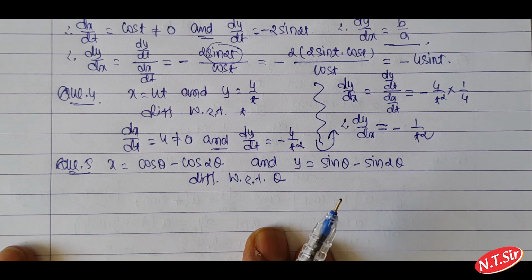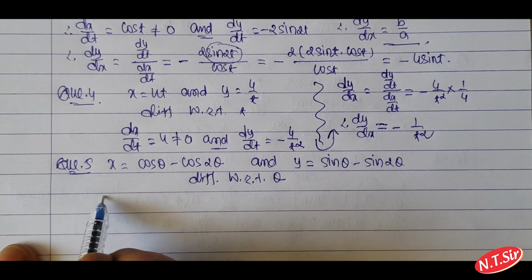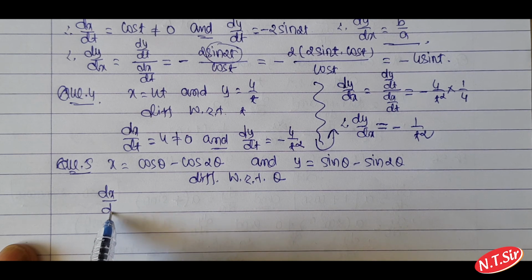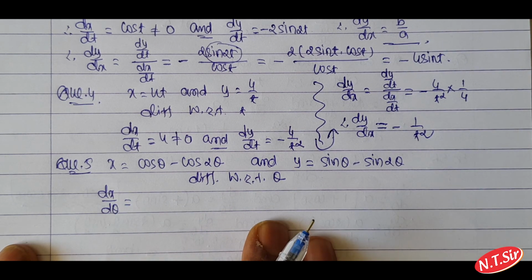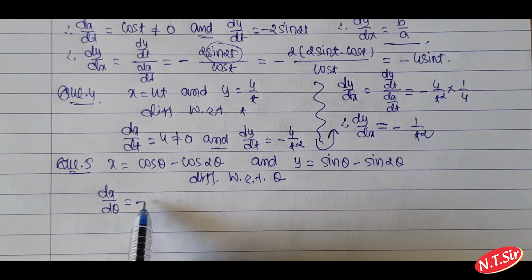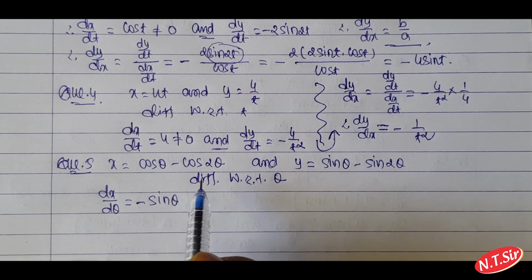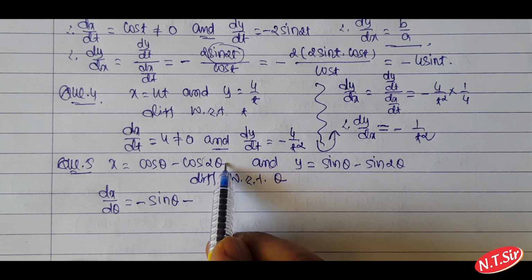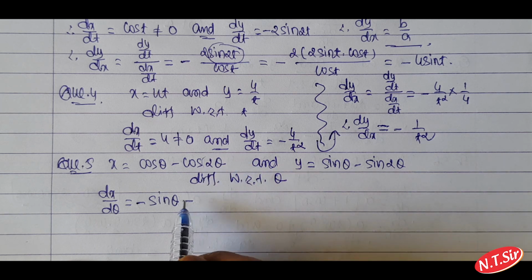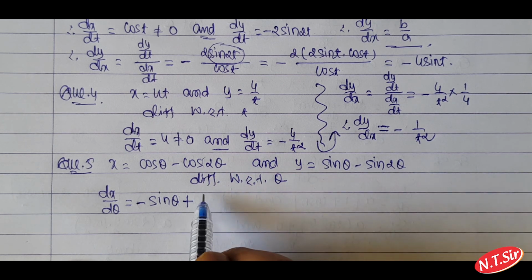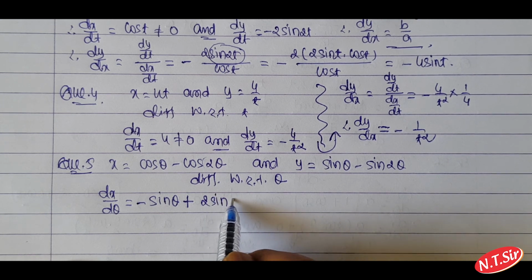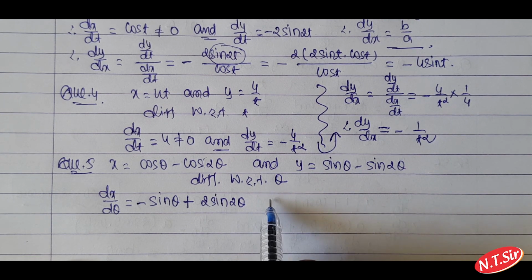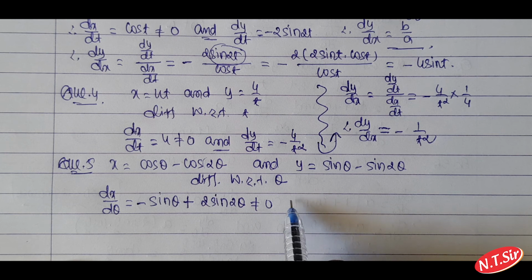So derivative of x first: dx by d theta. Derivative of cos is minus sin theta, minus derivative of cos of the bracket, minus sin of the bracket, that is sin 2 theta, and derivative of 2 theta again is 2. So minus plus 2 sin 2 theta, right, which is not equal to 0.